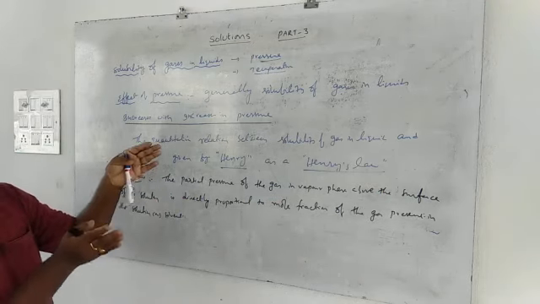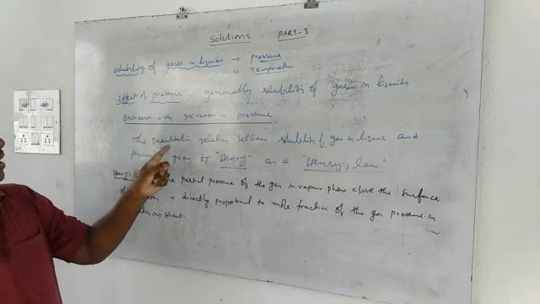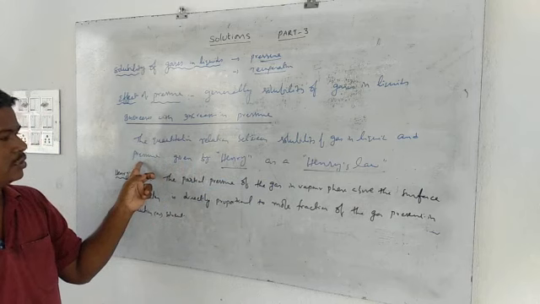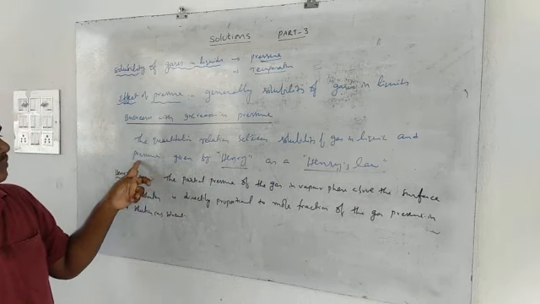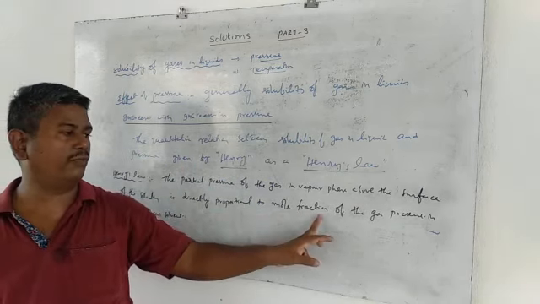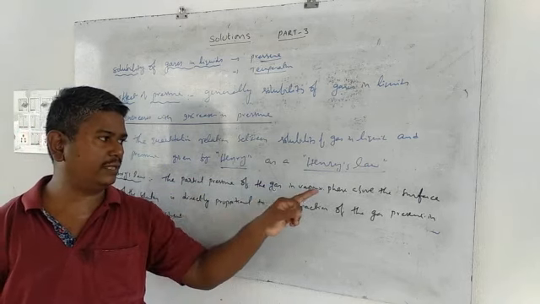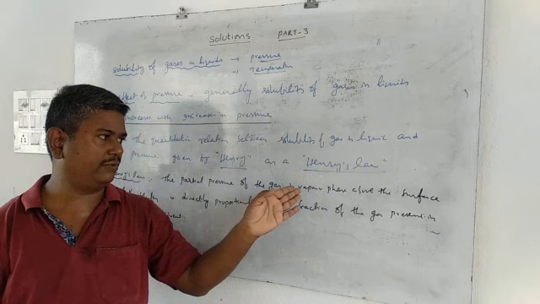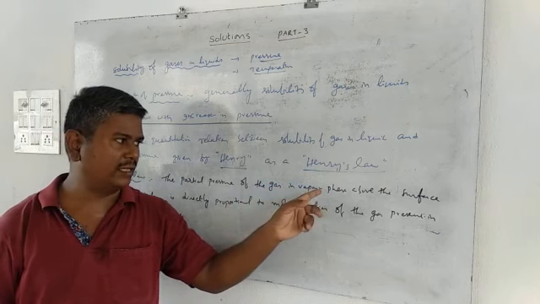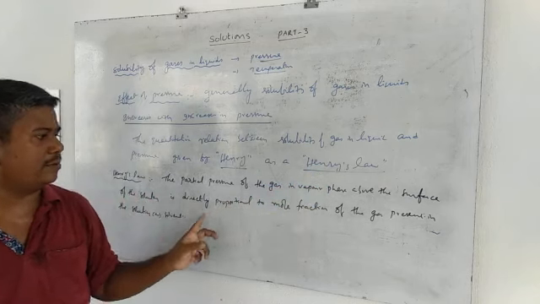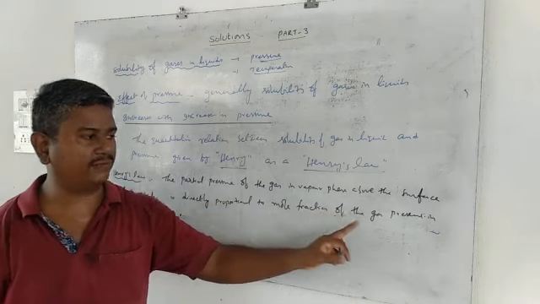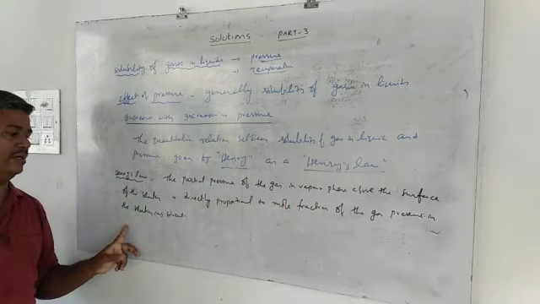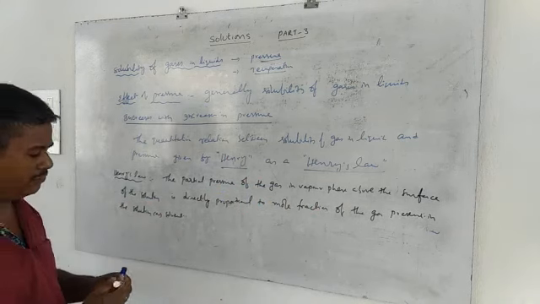So here, a relation between which one? Quantitative relation between solubility of the gas and pressure. So the solubility of the gas is directly proportional to mole fraction. That means the gas which is volatile exerts some pressure, and that vapor pressure is directly proportional to the mole fraction of the gas which is present in the solvent or solution.